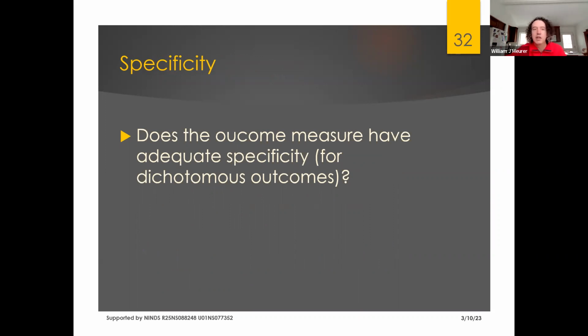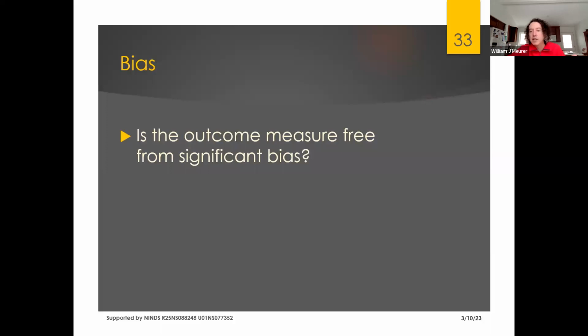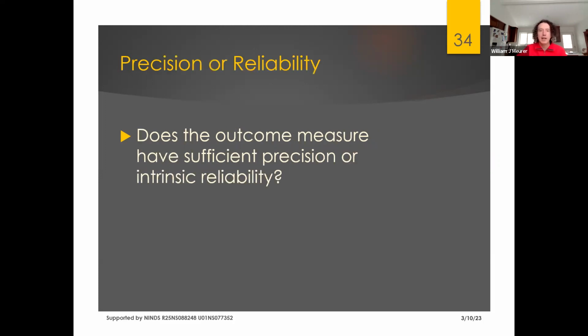Is there measurement bias, such that when you go to assess this outcome, you only have clinic on Friday nights, and by the time everybody gets to clinic, they're really tired? So is there something externally pushing on the way that you're measuring things that's going to lead to a systematic change in what measurement you're getting?